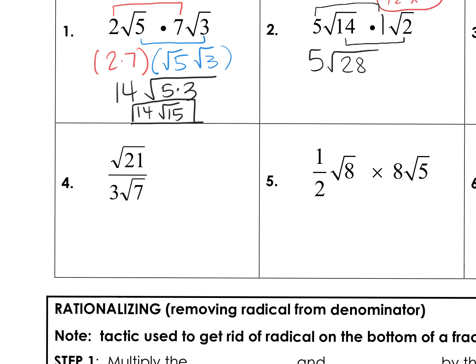And then I know that 28 can be factored, and it has a perfect square of 4 as one of its factors. And then I want to simplify here. The square root of 4 is 2, and the square root of 7, I need to multiply and finish this up, 10 root 7.